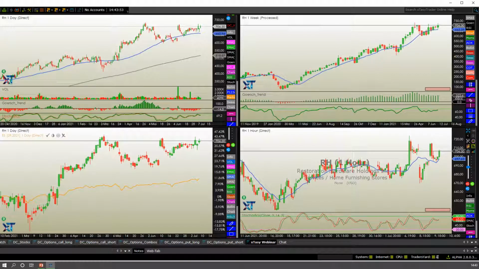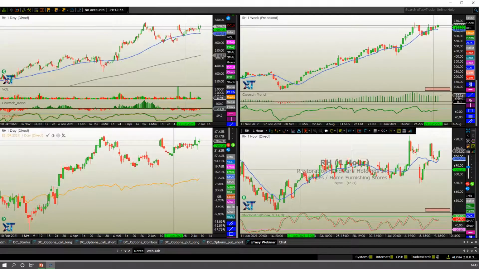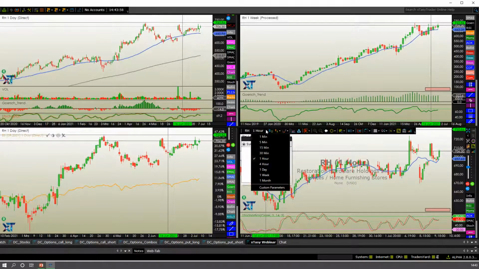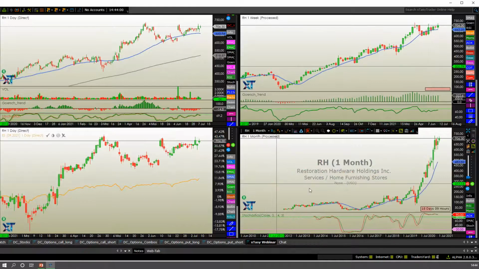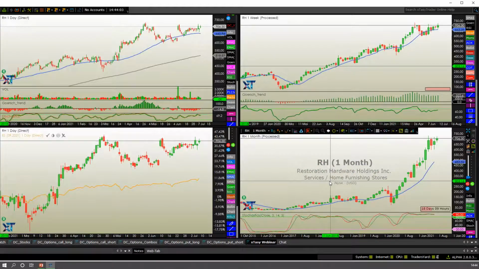So what do we see here? Like always, I can start with a monthly view, because this is a stock that's already been trading for several years. We can see on the monthly view how big the trend is, beginning from, let's call it, the Corona crash down here in March last year.